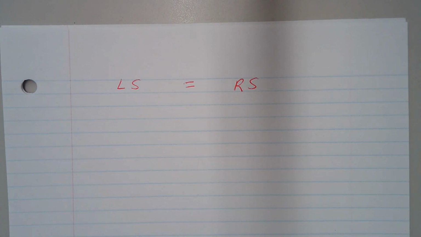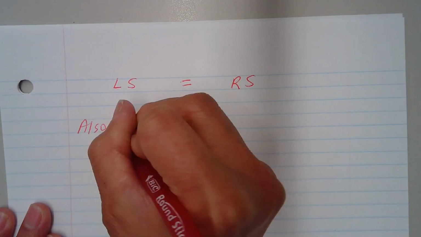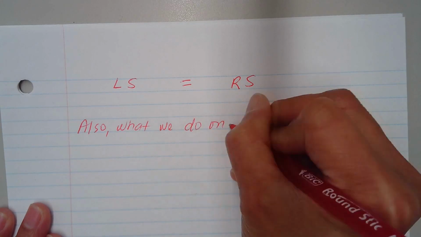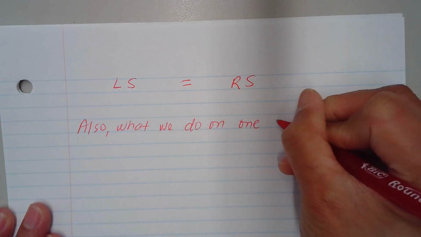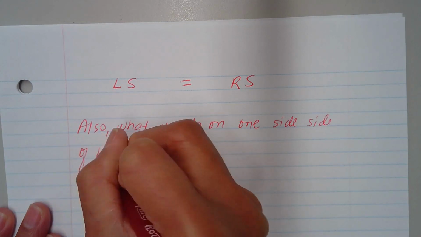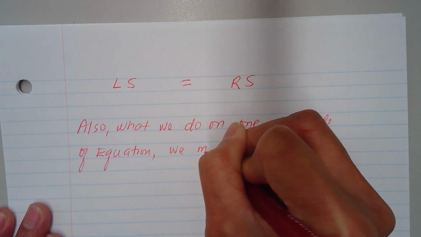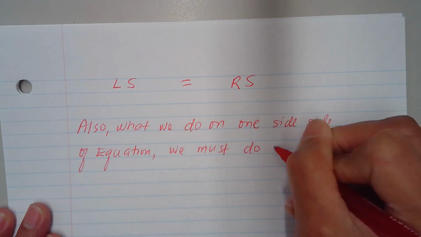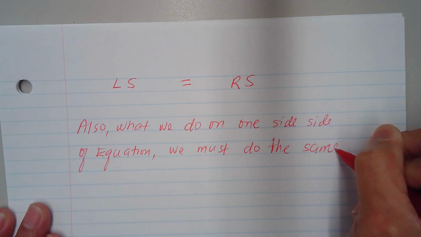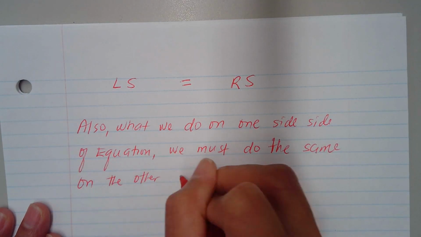So another key point is that what we do on one side of the equation, we must do the same on the other side. Okay?